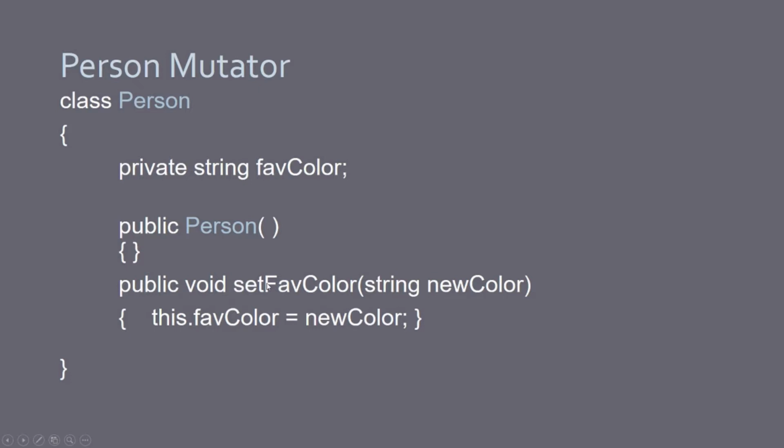And this is a standard, so when I'm going to allow setting of a data element inside a class, I create a method in the class that starts with the keyword set and then has the data element name. I do expect a parameter to be passed, and that's going to be the new value for this data element. I'm going to take that new value, in this case, newColor, and I'm going to use it to update the class field for this element.